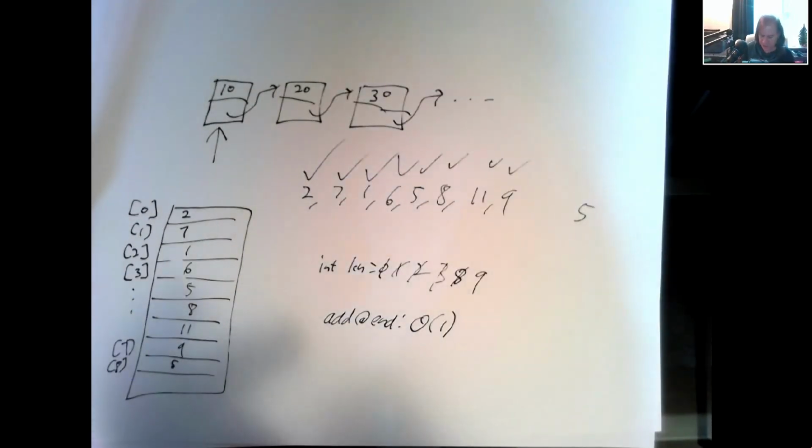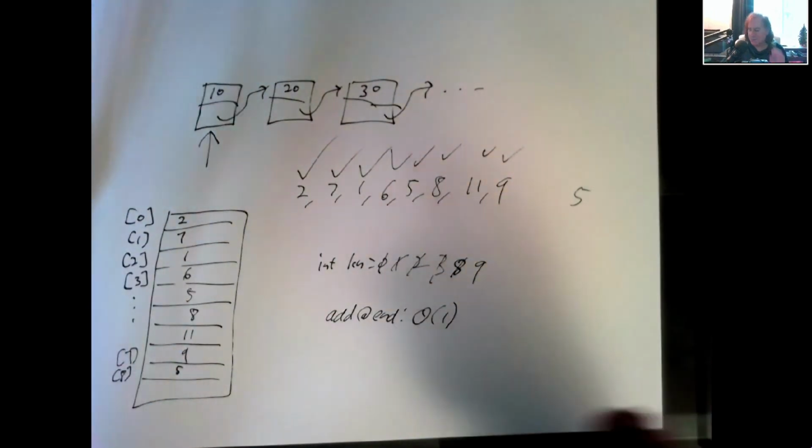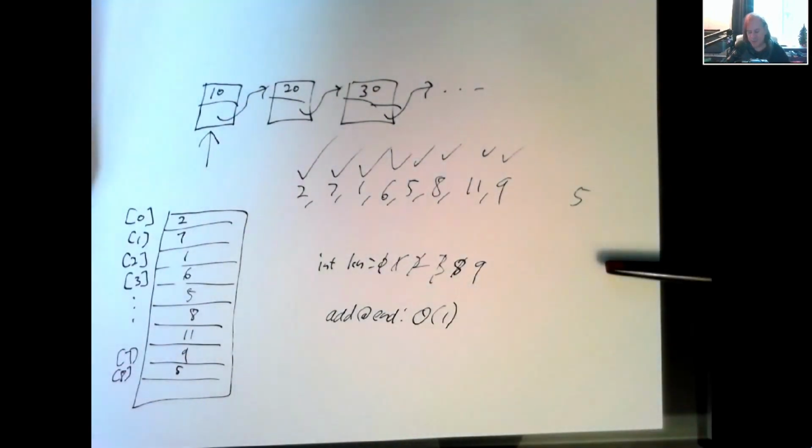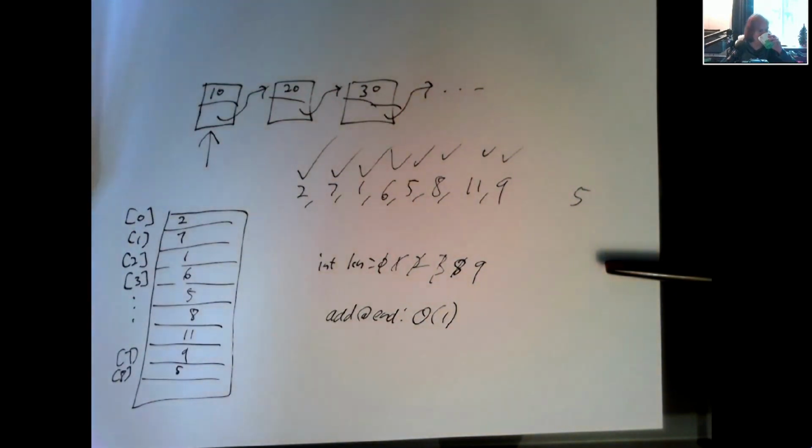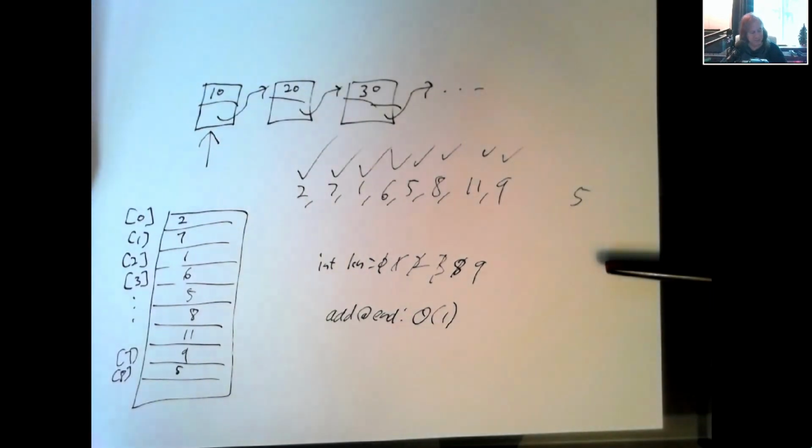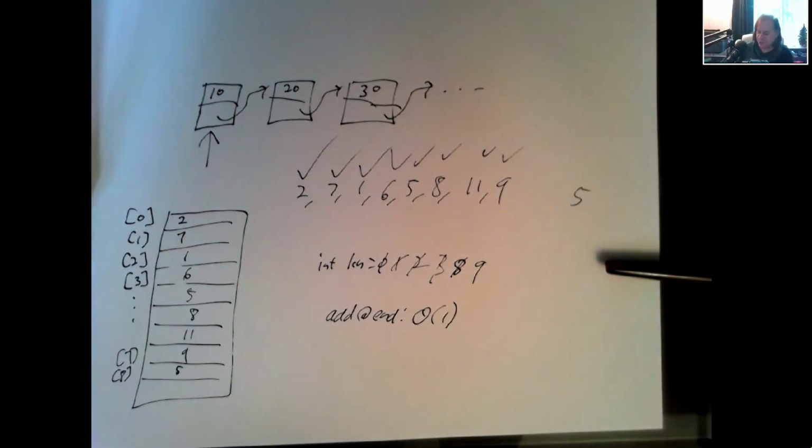So we call this order 1. Order 1 is about the best we can hope for. It means our operation takes the same amount of time no matter how big our data collection is. The only thing better than order 1 would be order 0. That would take no time to execute. Alright, so adding to the end of an array is an order 1 operation.